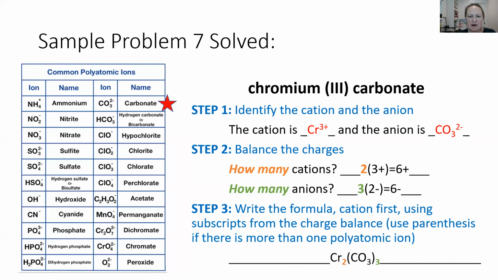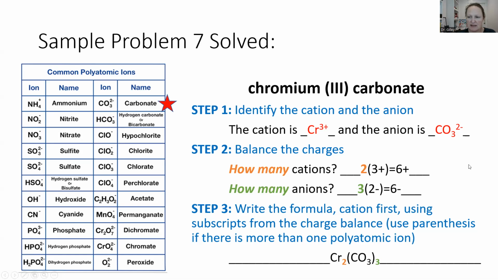So now we need to figure out how many cations are needed and how many anions are needed for charge balance. Remember, we want the lowest whole number ratio. So chromium 3+ and CO3 2-, we have to multiply the 3+ times 2 to get overall 6+, so that we can balance out the 2- by multiplying by 3 to get 6-.